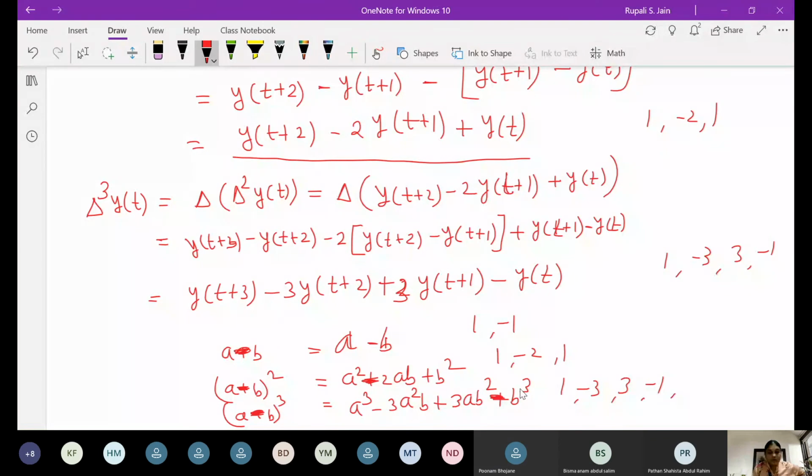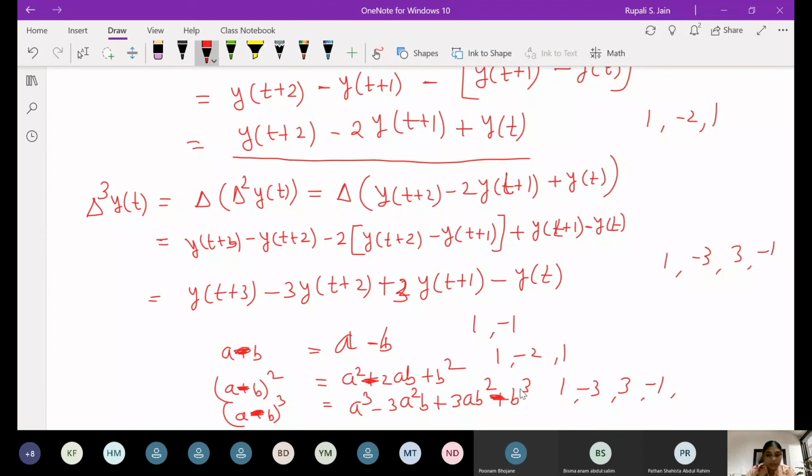So what should be my fourth difference? Y of t plus 4 minus 4 times y of t plus 3, plus 6 times y of t plus 2, minus 4 times y of t plus 1, plus y of t. So you have to take the coefficients as a minus b raised to 4, right?